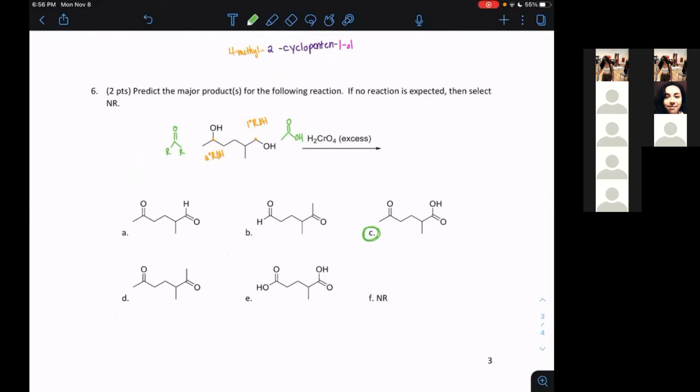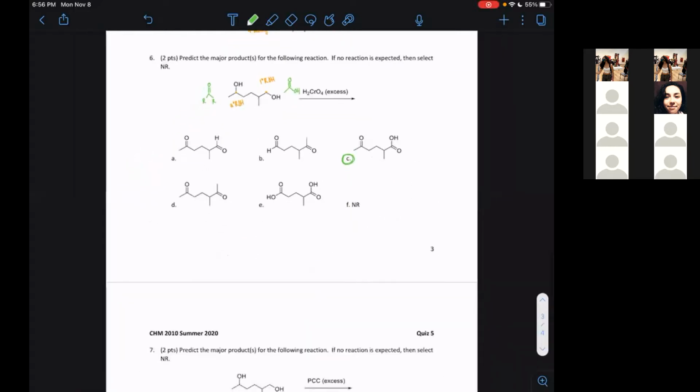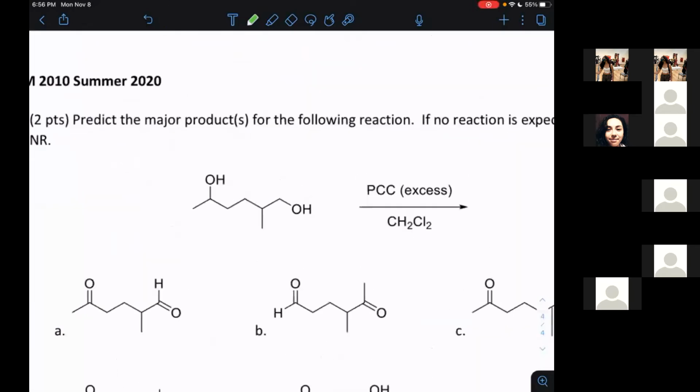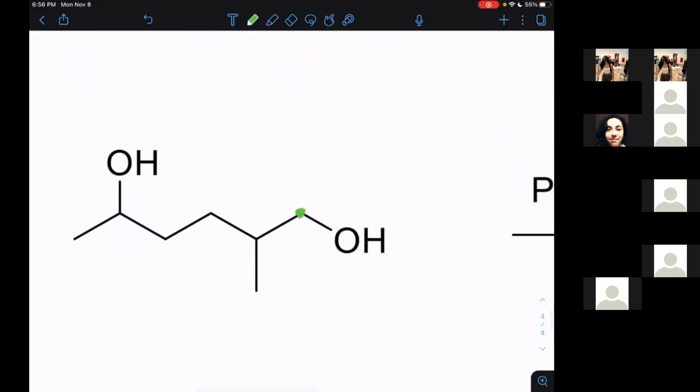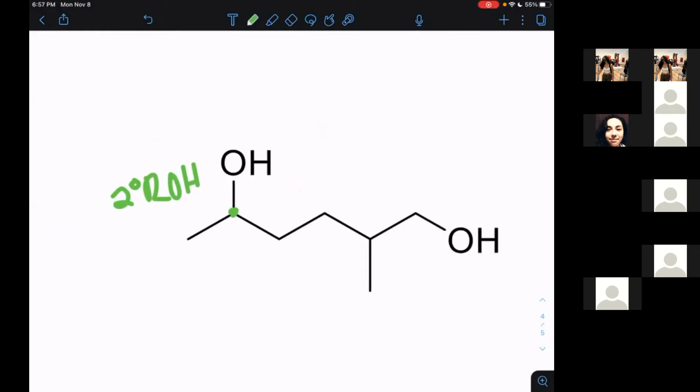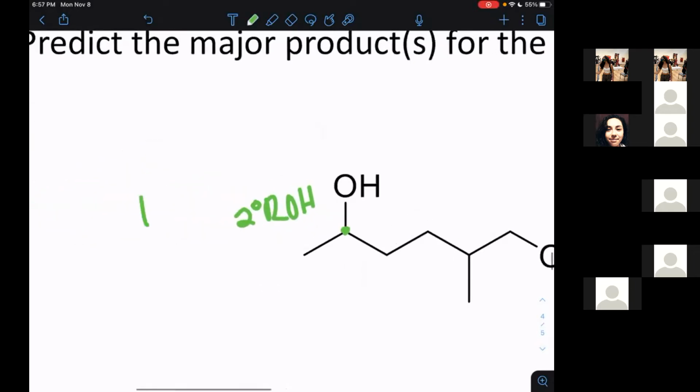So that one is C. And you should have those notes I had on the last one, which tell you what everything gives you. And then for this one, we'll do PCC. Secondary. No, that was primary. So that's going to be the same for either PCC or the other one.